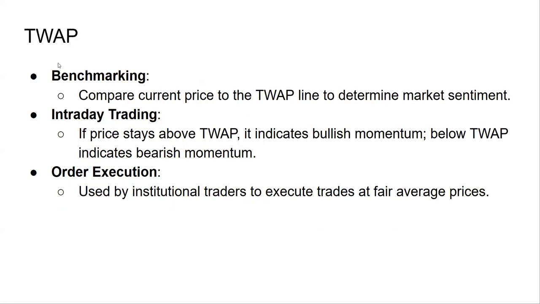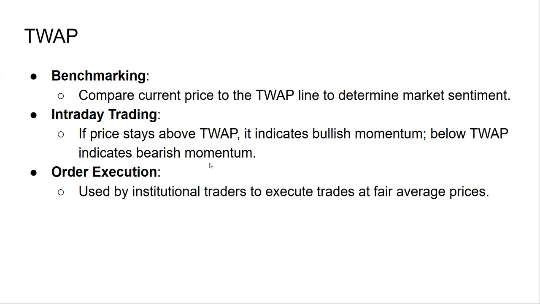TWAP is for benchmarking. Compare the current price to the TWAP line to determine the market sentiment. In intraday trading, if price stays above TWAP, it indicates bullish momentum. Below TWAP indicates bearish momentum.